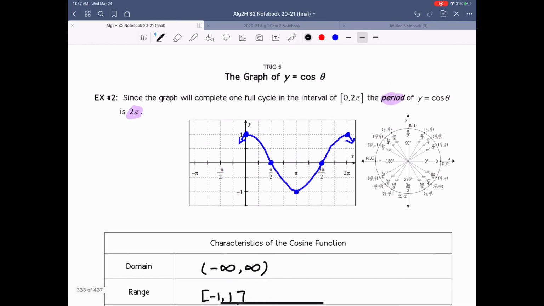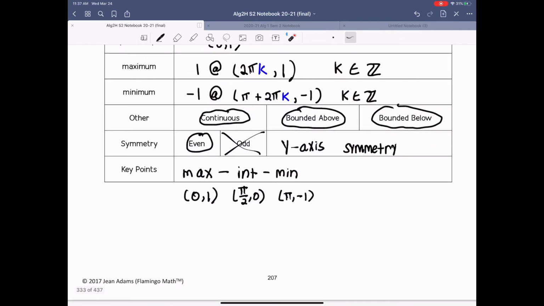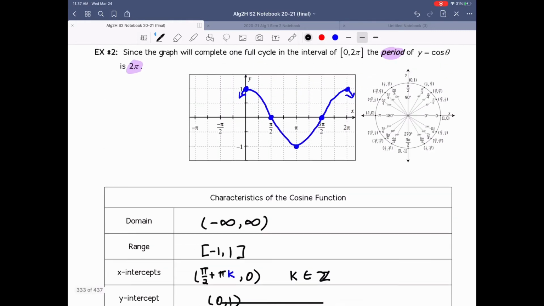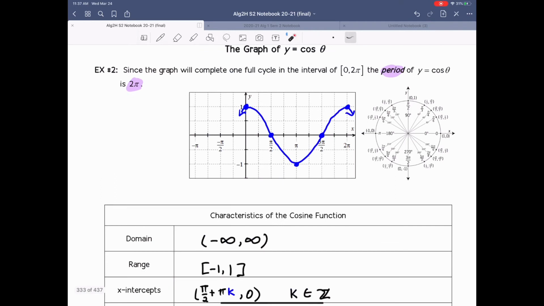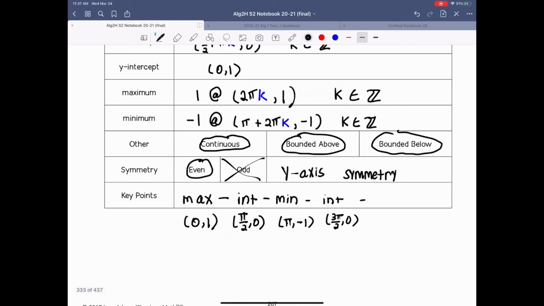After that, we do see another intercept at (3 pi over 2, 0). And then last but not least, we do have another maximum over here at (2 pi, 1). So my next key point is a maximum at (2 pi, 1).